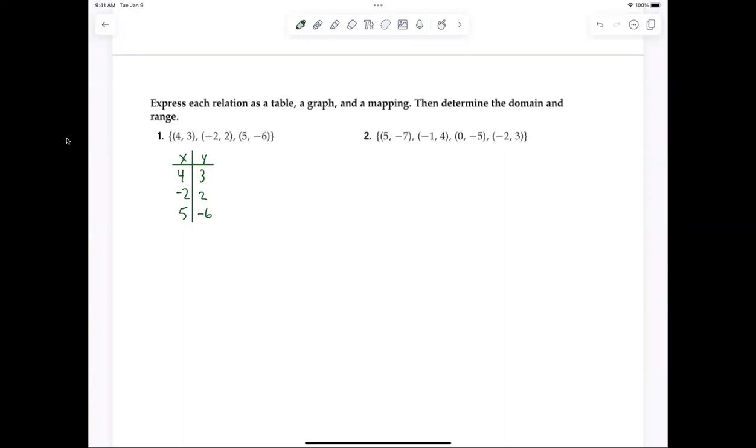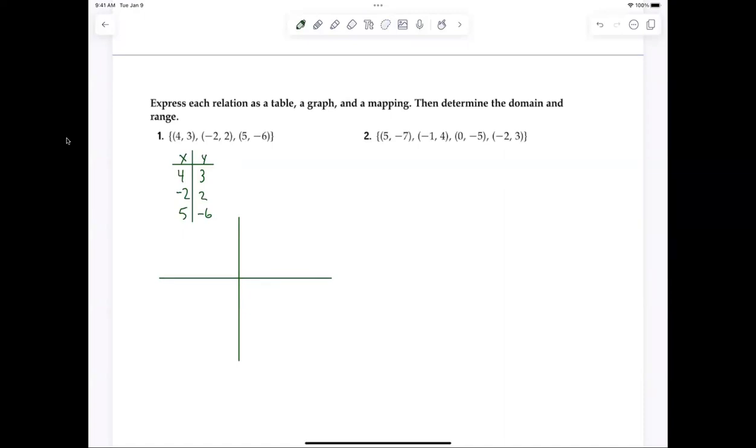Now, the reason why you have graph paper is so you don't have to write your own. So, on your graph paper that I gave to you, now you just plot these points.